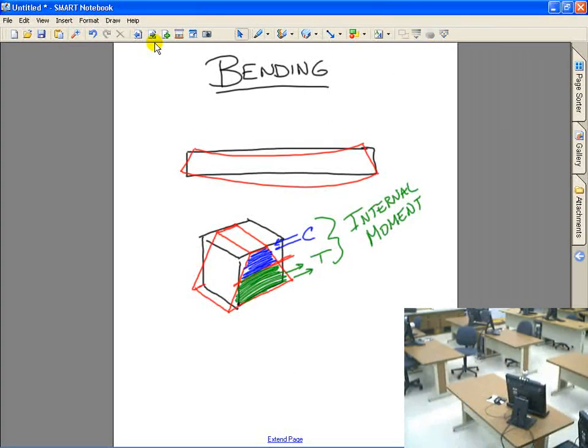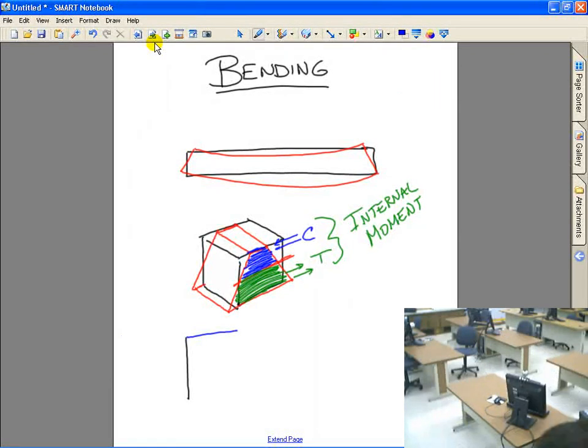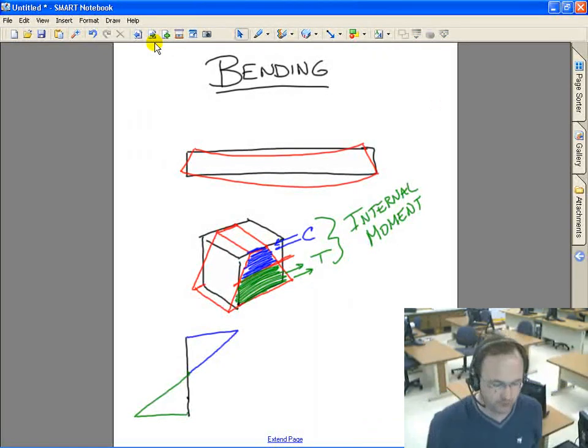If we were to look at the magnitude, at the surface right up here where it's pushed in the most, we're going to have the most stress because we're going to have the most force, C. Then it's going to come down to the neutral axis, and then we're going to get tension coming up, and down at the base we'll have the most tensile forces because that's where it's stretched the most.